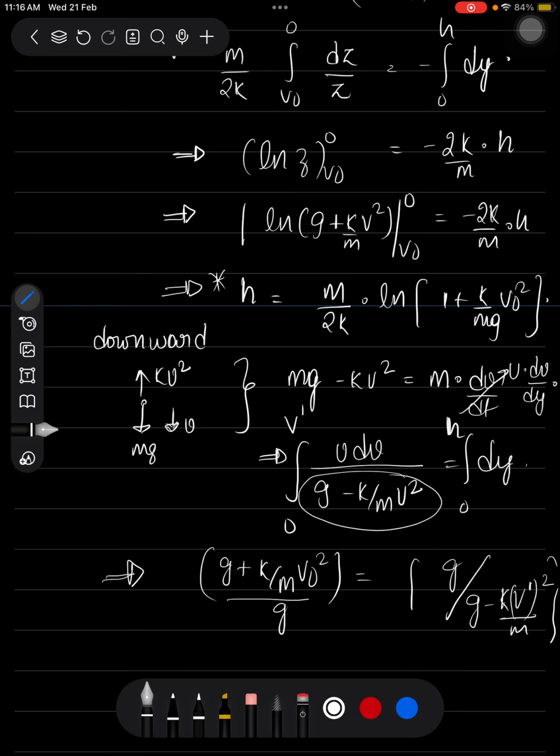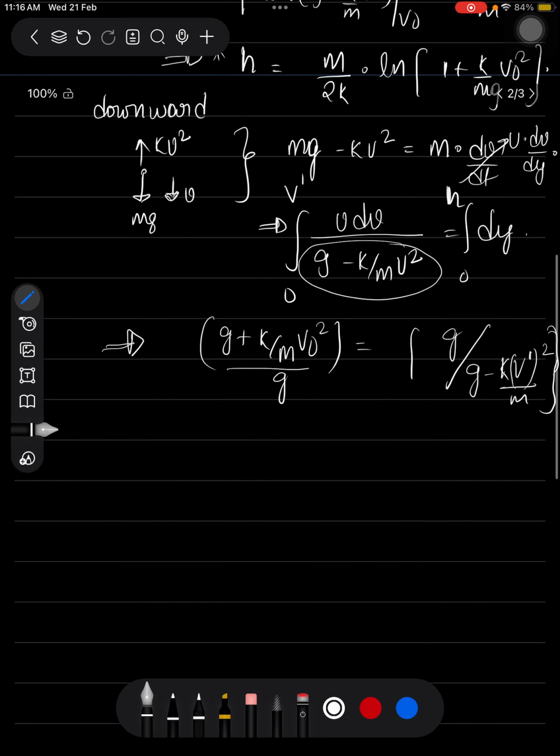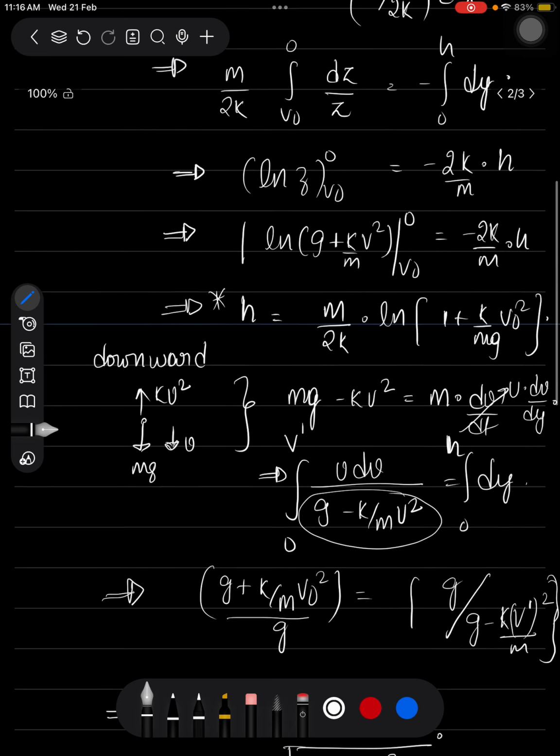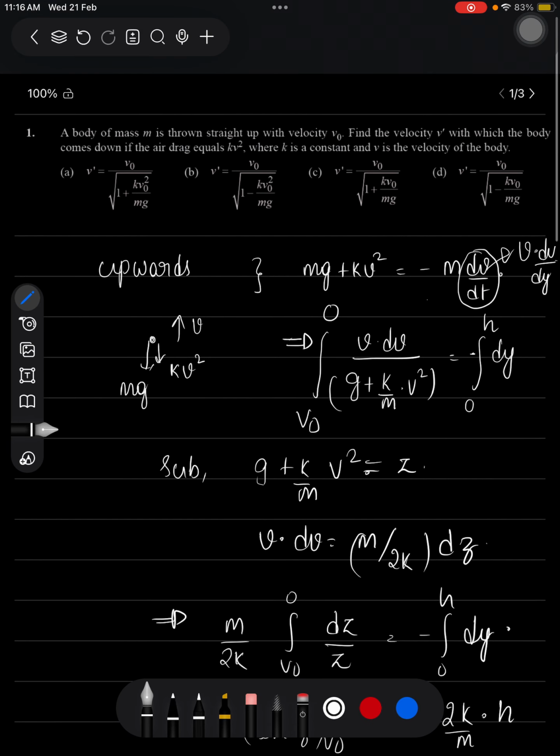Just rearrange it and make v' the subject, and I'm going for the final option, which is v' = v0 divided by the root of (1 + kv0²/mg). Alright, so if we check the options, it matches the first option given in the question. Thank you.